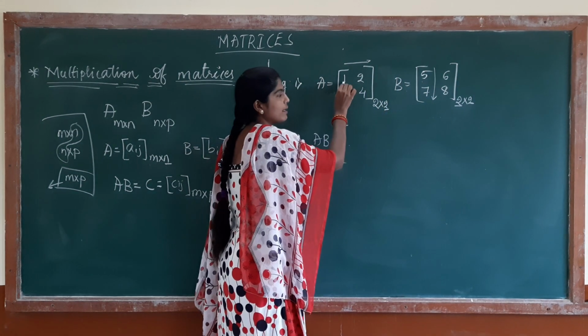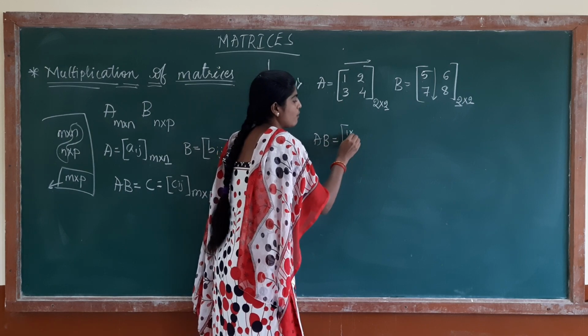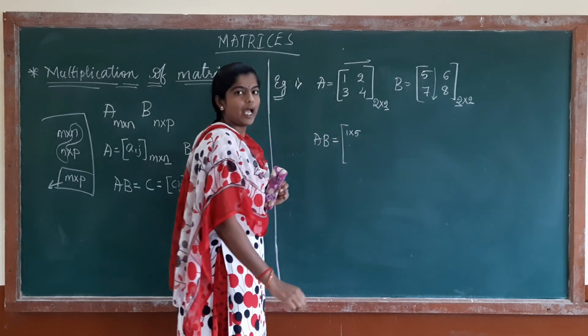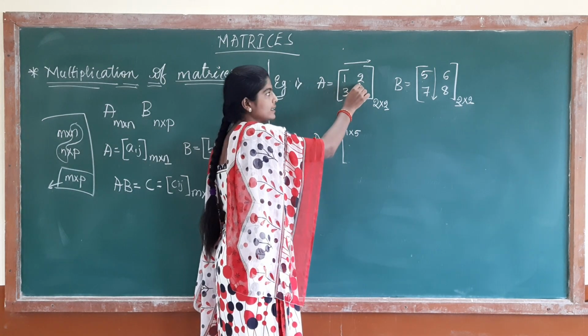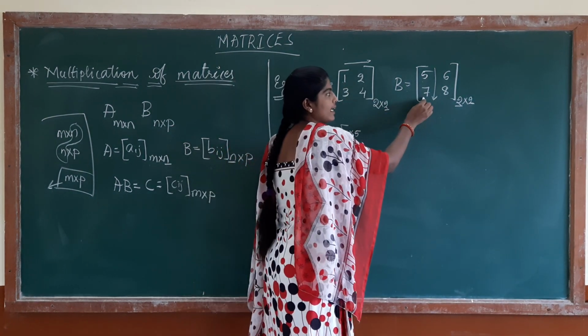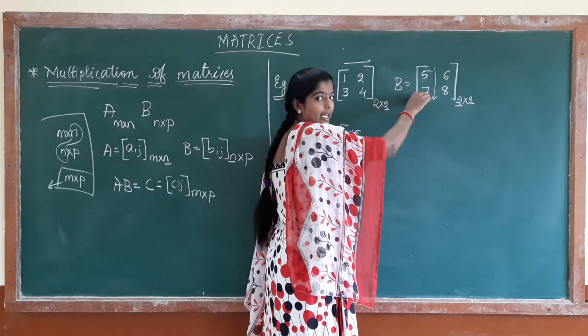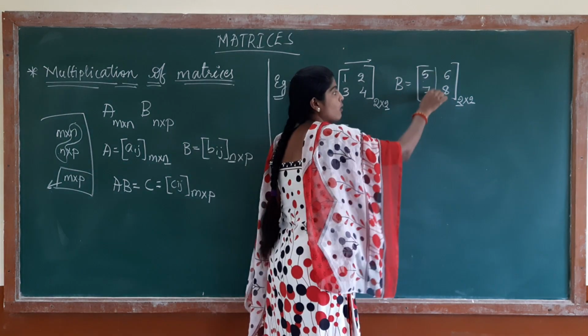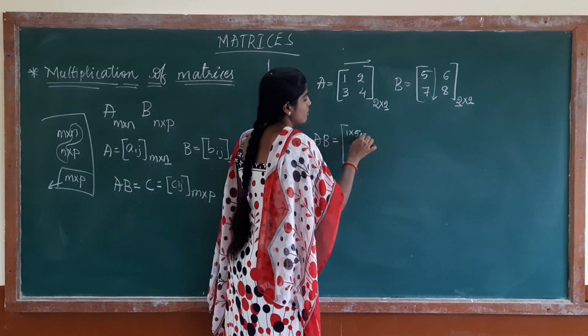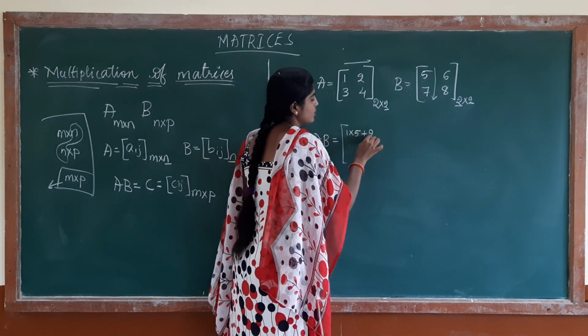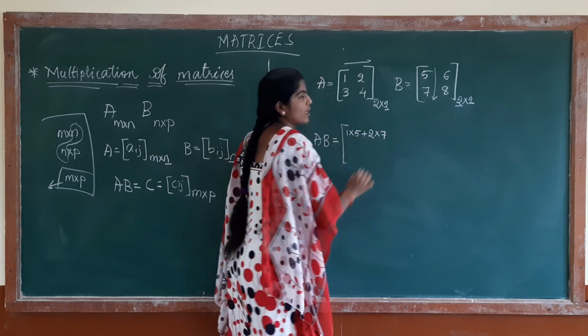So we multiply 1 into 5, and the second element of the first row of A is 2, and the second element of the column of B is 7. We add these, that is 2 into 7.